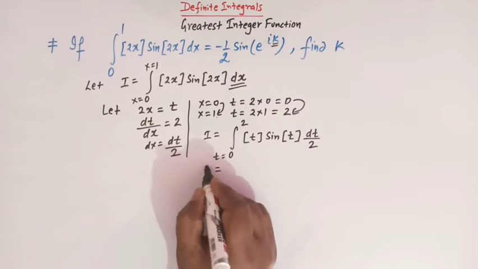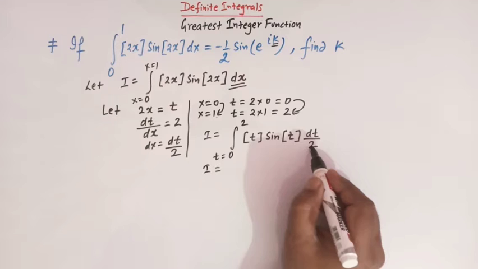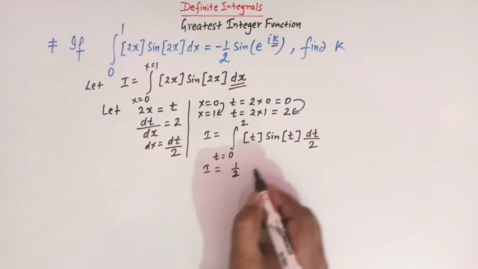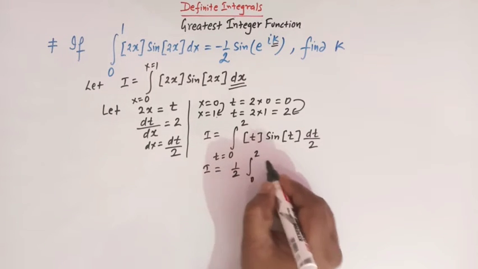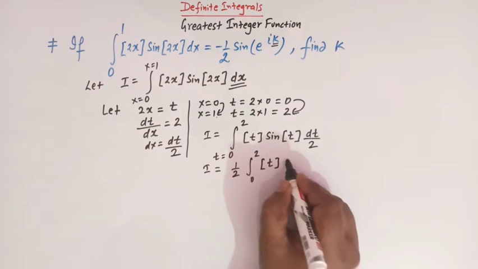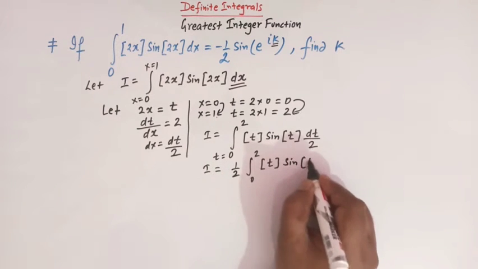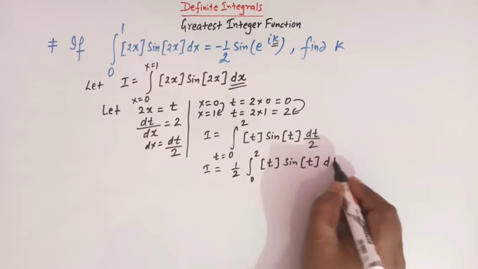So now we can take this 2 outside. We have half the integral from 0 to 2 of greatest integer t and sine of greatest integer t dt.